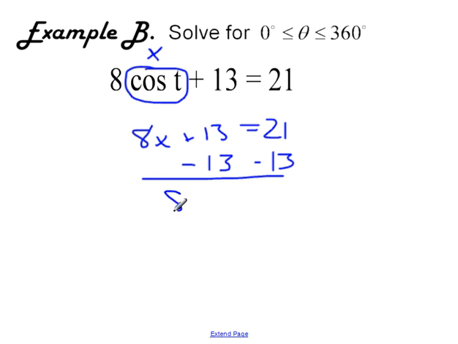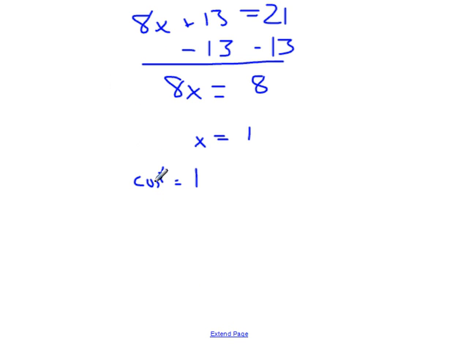So we get 8x equals 8, so x equals 1. Now our x is actually the cosine of t. So the cosine of t equals 1, which means t equals cosine inverse of 1.